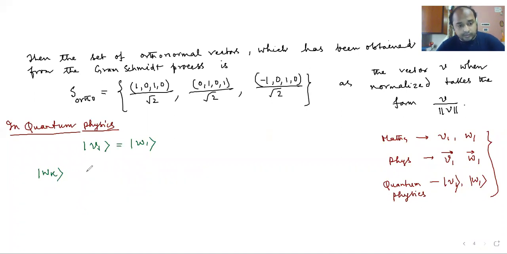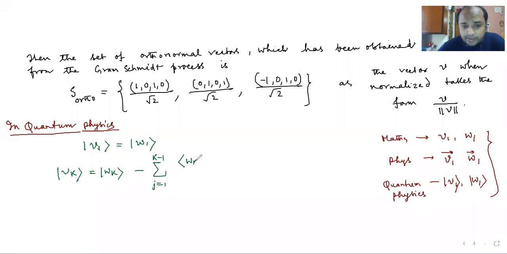VK is equal to WK minus the summation J goes from 1 to K minus 1, and the inner product is represented in the following manner, WK and VJ. This is the representation of the inner product. The same thing which I have written like this, WK comma VJ, they write it in the following manner.